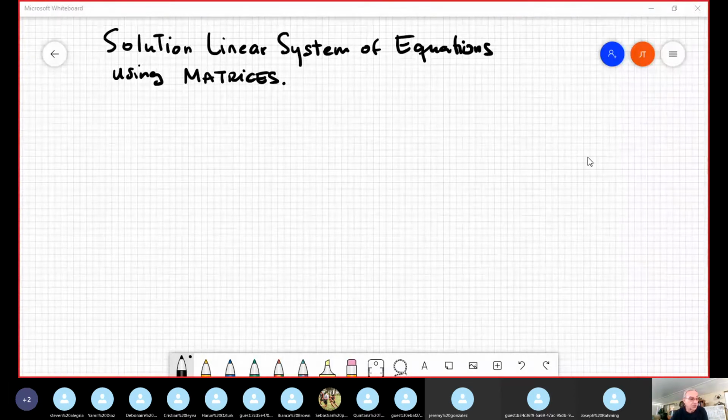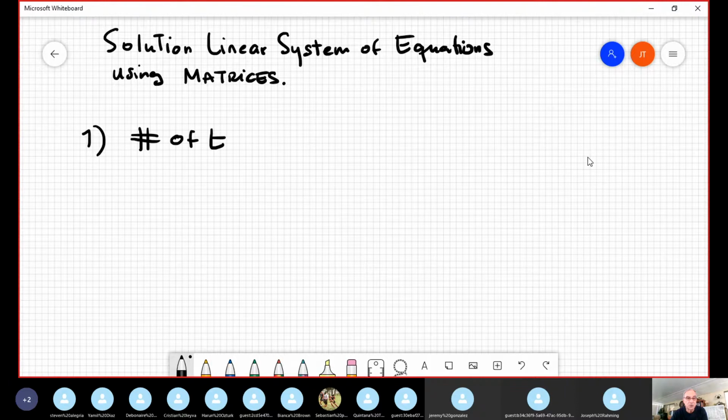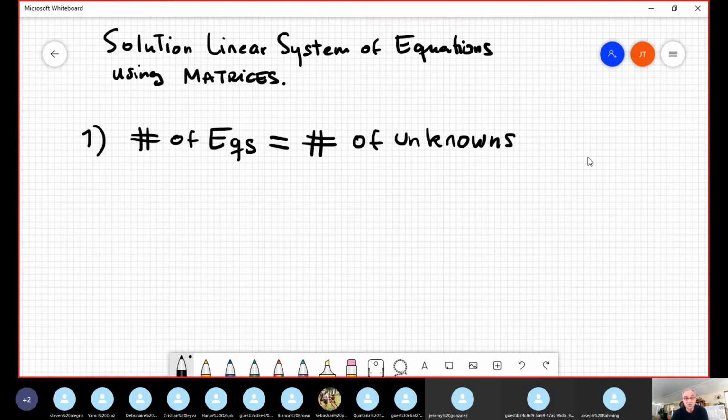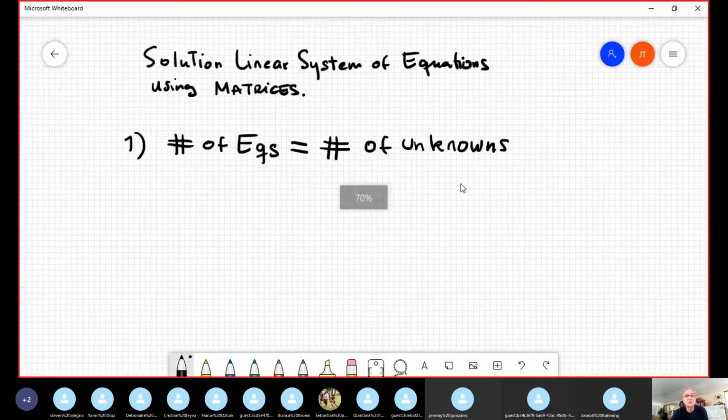Look, we have 3 cases. Case number 1 is when the number of equations is equal to the number of unknowns. This is the most common, typical, right? 3 equations, 3 unknowns, x, y, z.